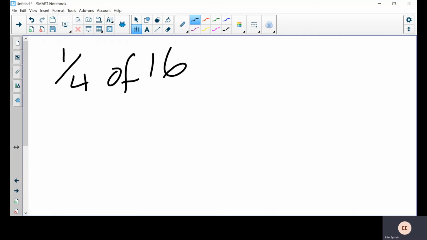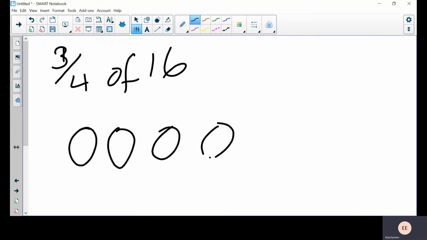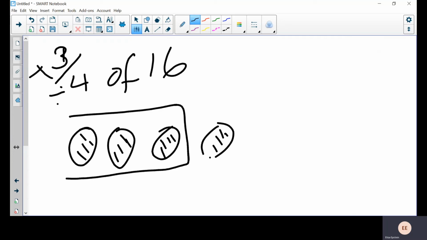If I was to then change that to 3/4 of 16, I'd do 4 groups, share out the dots, 9, 10, 11, 12, 13, 14, 15, 16. It's not neater on paper. And then so that's divided by the bottom, times by that top number. We've got 4 in each. 4, 4, 4, 4, and that would equal 12.